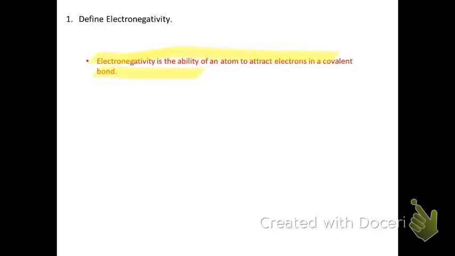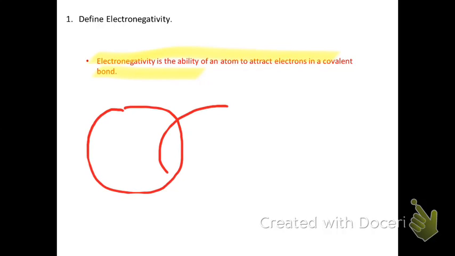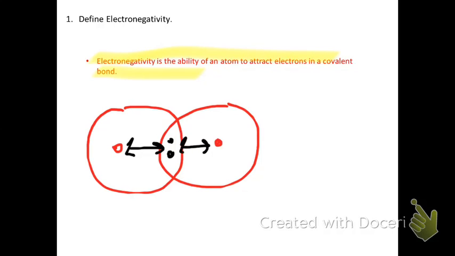Alright, so if I was to demonstrate this really quickly, we're going to make our covalent bond here. Here's the nucleus, here's the nucleus, and then it's going to share 2 electrons between those 2 nuclei. Now, these 2 atoms are both attracted to these bonding electrons.